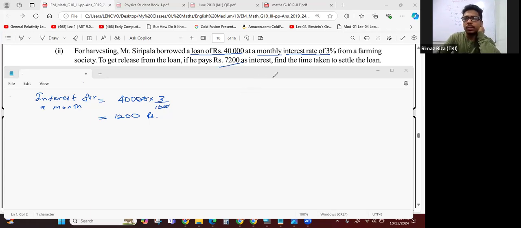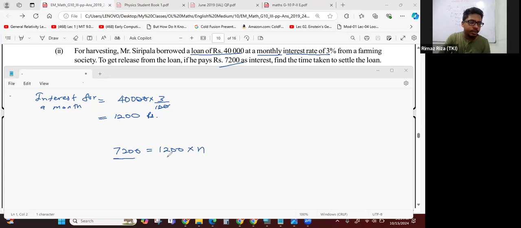Total 7,200. For one month 1,200, so after how many months paid does the interest come to 7,200, right? So for a month it has to pay 1,200. Therefore how many months has he paid, so that the total interest will be 7,200. So 7,200 is equal to interest for a month into number of months.